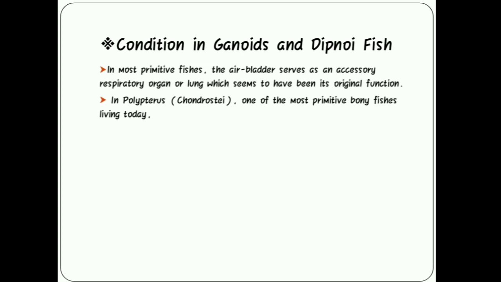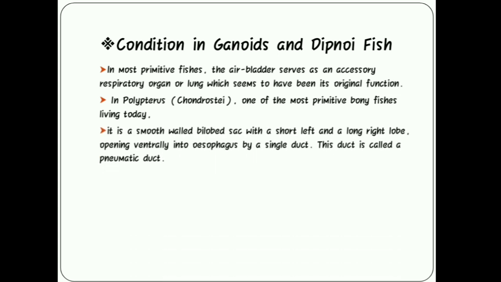In Polypterus, one of the most primitive bony fishes living today, it is a smooth-walled bilobed sac with a short left and long right lobe opening ventrally into the esophagus by a single duct. This duct is called the pneumatic duct.